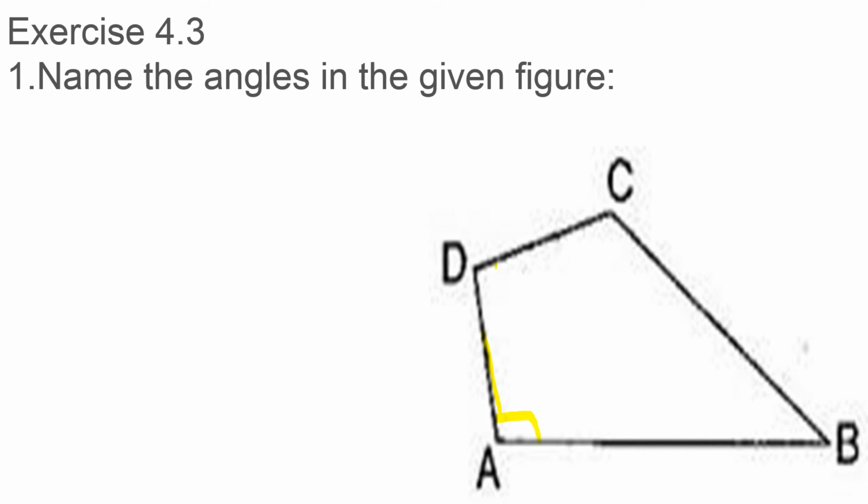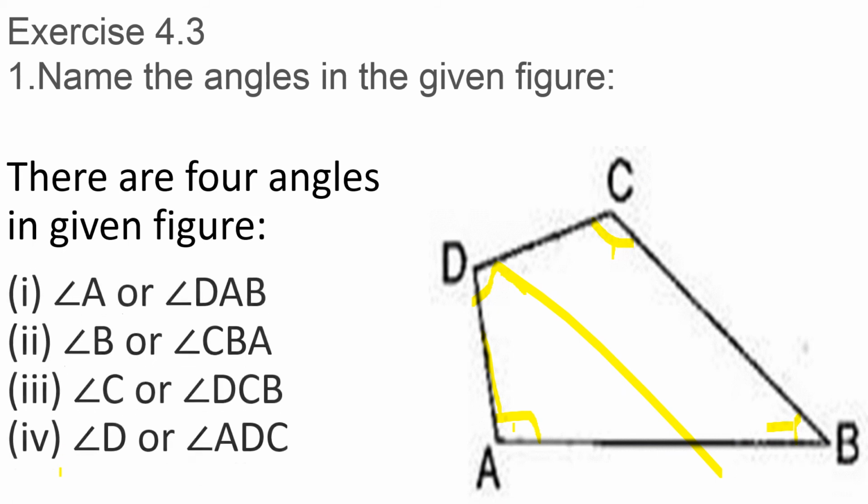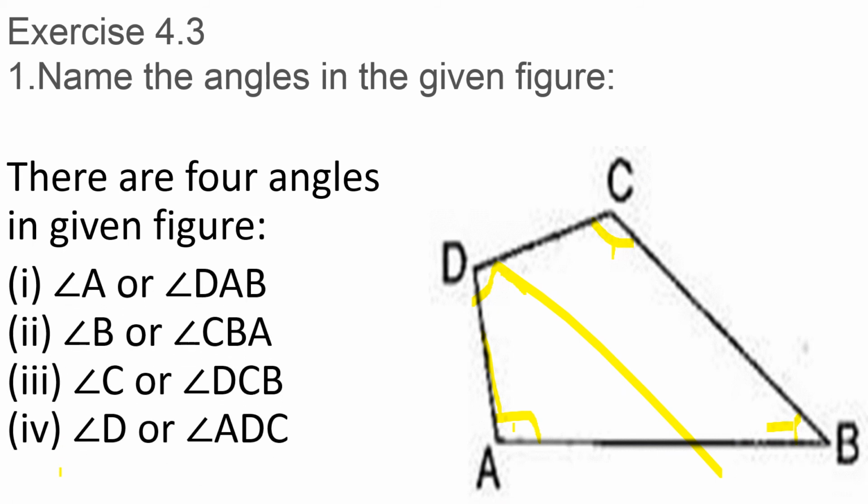So that is one angle, angle A, then angle B, then angle C, then angle D. So there are four angles in the given figure. Angle A is DAB, angle B is CBA, angle C is DCB.